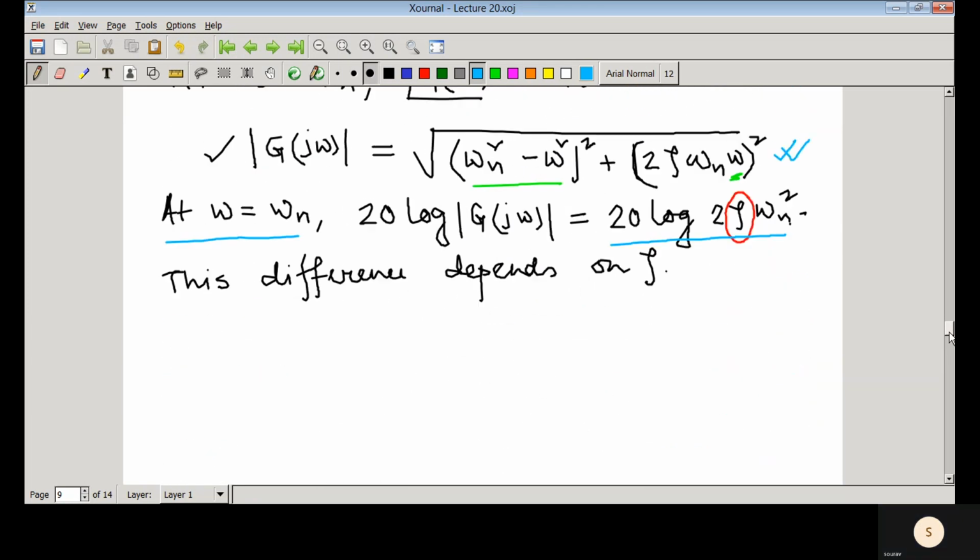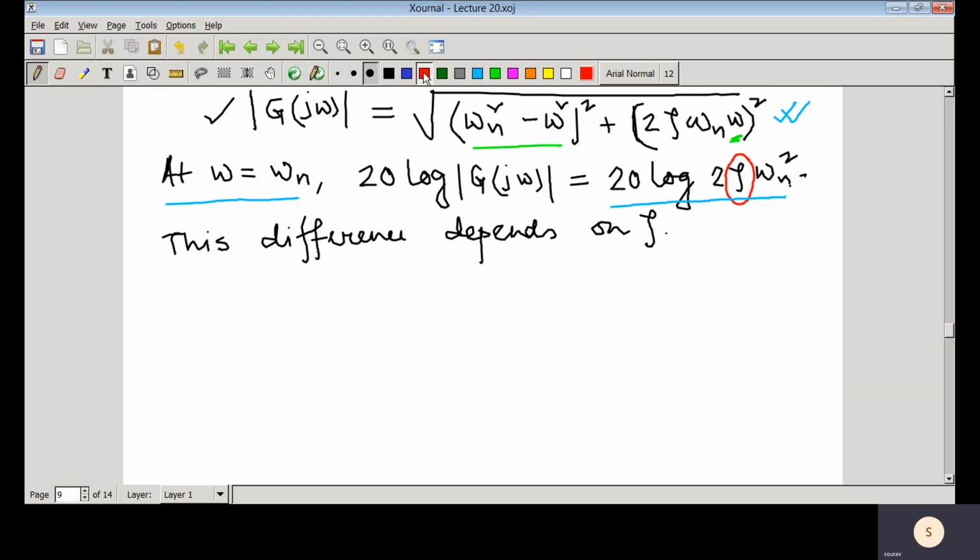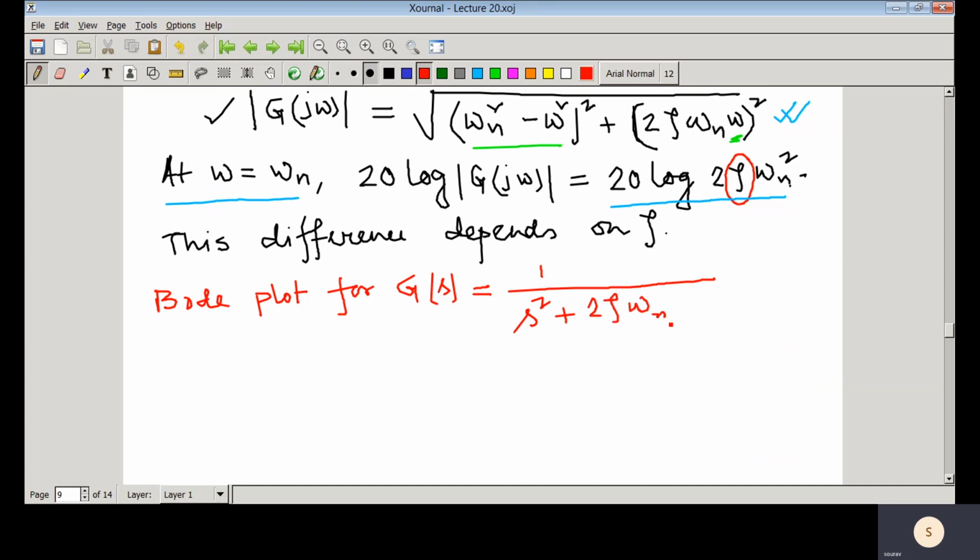Here we can show the Bode plot of G(s), where we have a second order term in the denominator.